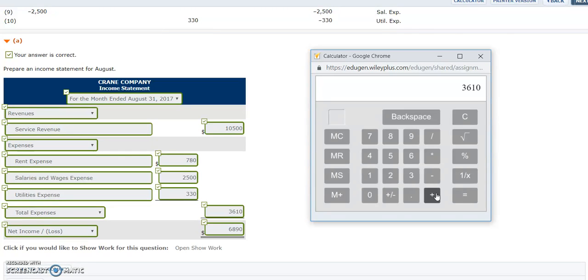And then what you're going to do next is subtract your expense total from your revenue total and get your net income or loss, and you should get $6,890.